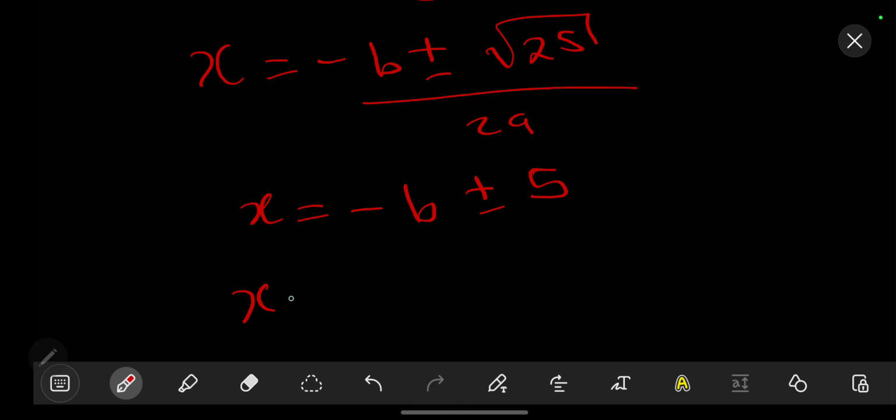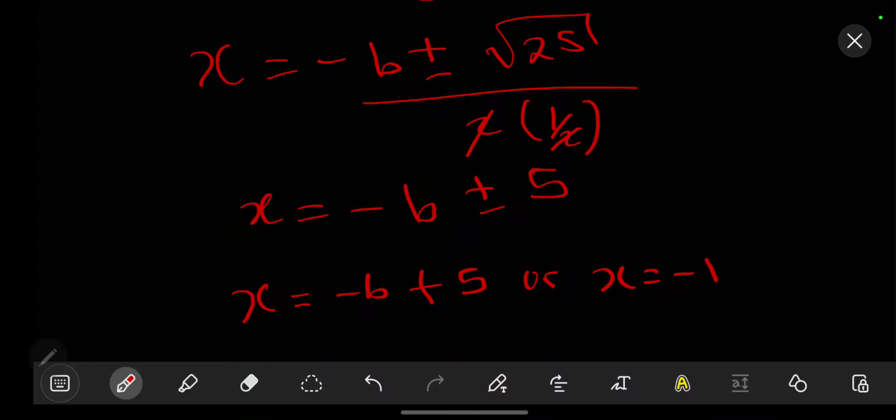Either x can be equal to negative b, we are just ignoring this. Let's just imagine that a is equal to 1 over 2 at this point, so that it cancels there. This is just for the sake of explanation. So it's either negative b plus 5, or x equal to negative b minus 5.